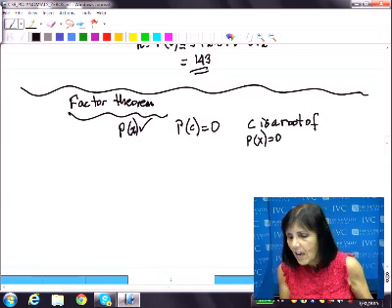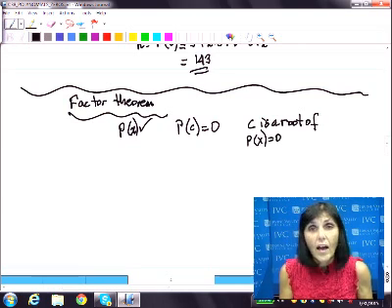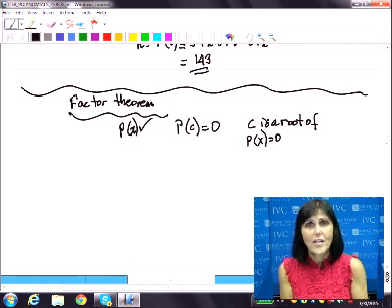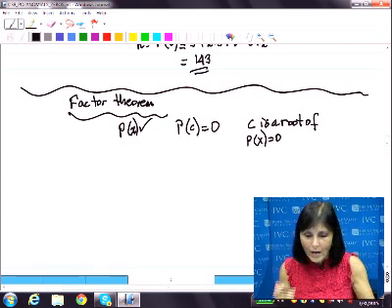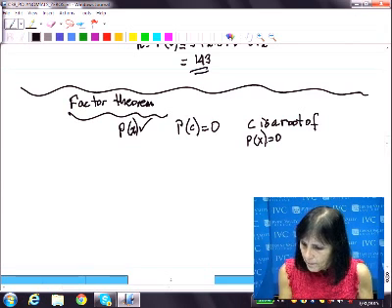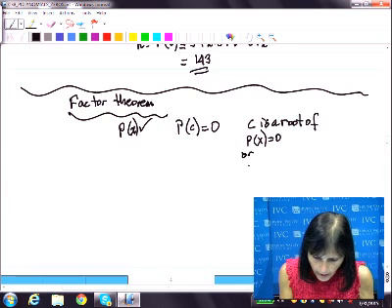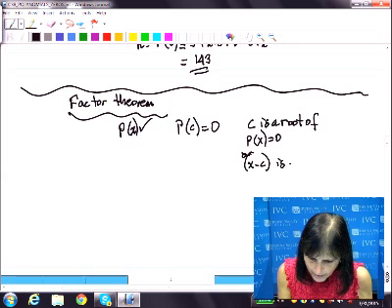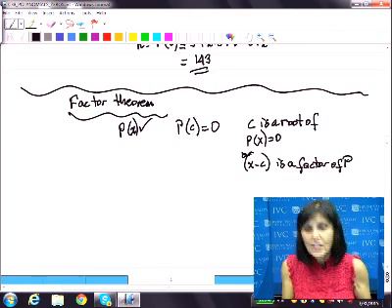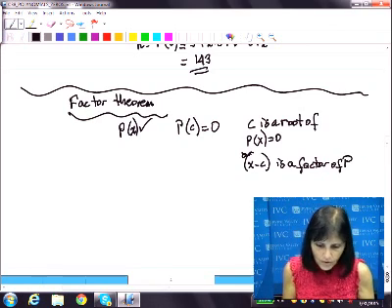Root meaning the answer. Okay? And actually another way of looking at it is like it's your x-intercept because y is 0. Or x minus c is a factor of p. And we actually did use that knowledge in the previous theorem as well.